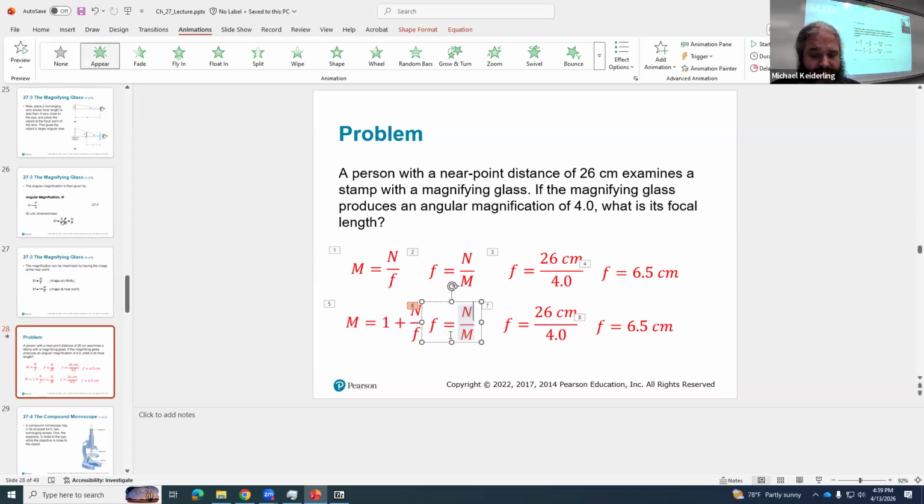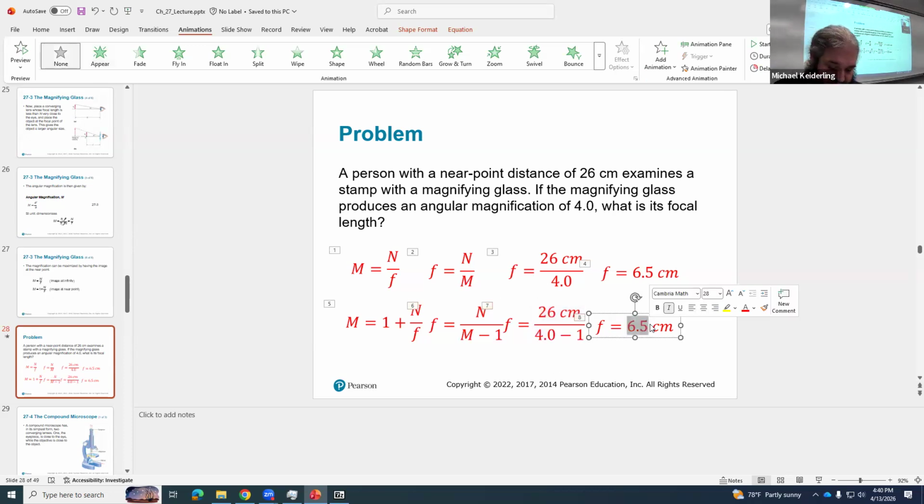The focal length ends up being n over the magnification minus 1, 4.0 minus 1, and you get 8.667 centimeters.